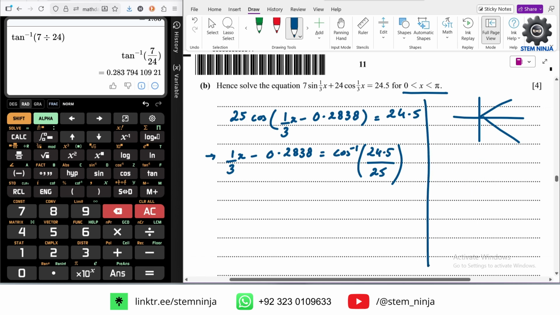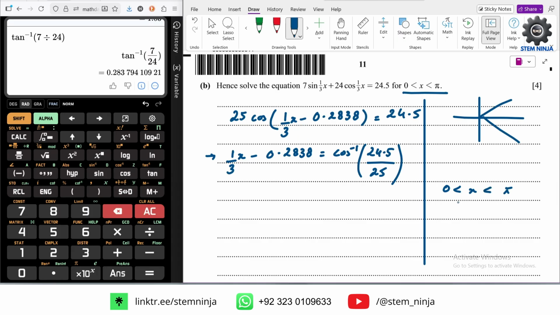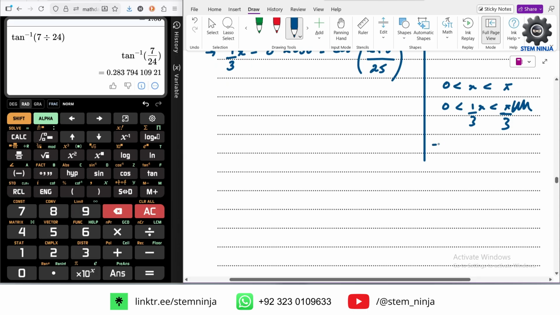So if you have 0 to x to pi, 1/3 of x minus 0.2838 would be less than pi by 3 minus 0.2838.